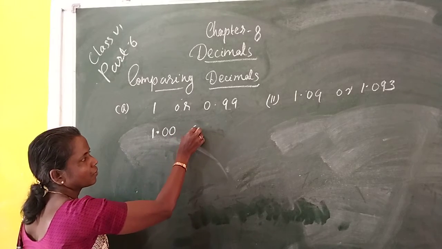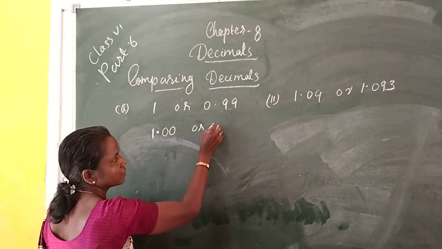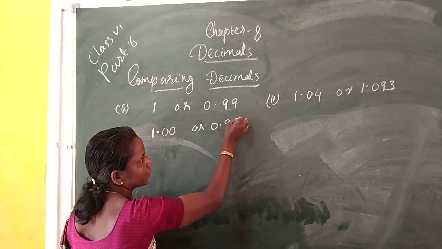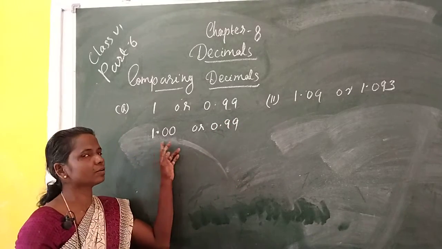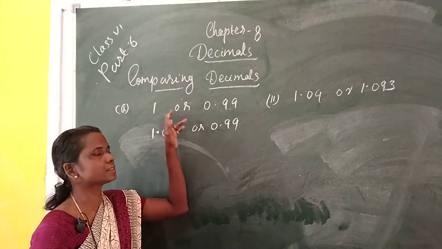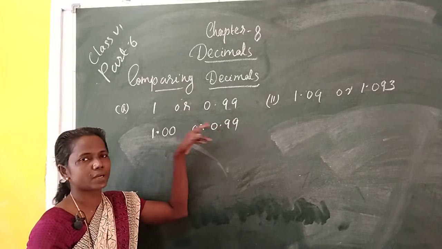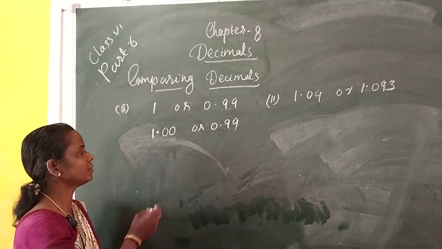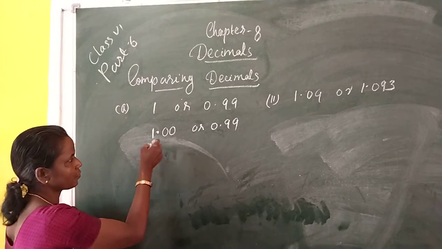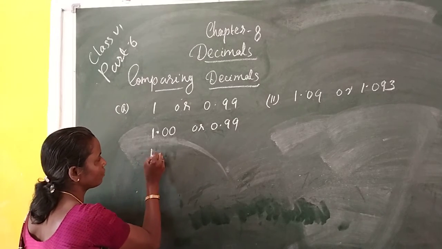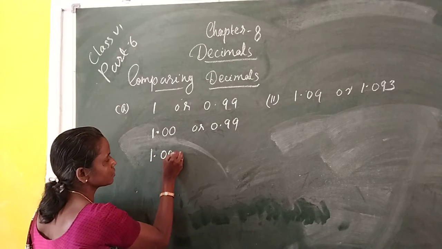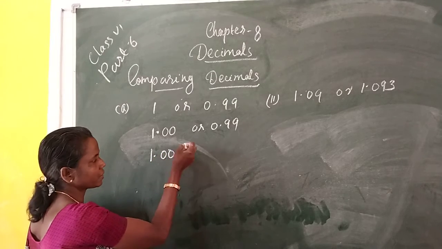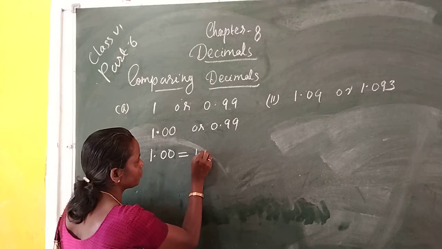And 0.99. Now you look, these were unlike decimals; first we convert them into like decimals. Then we can write the expanded form. Look, 1.00 is equal to 1 plus 0 by 10 plus 0 by 100.